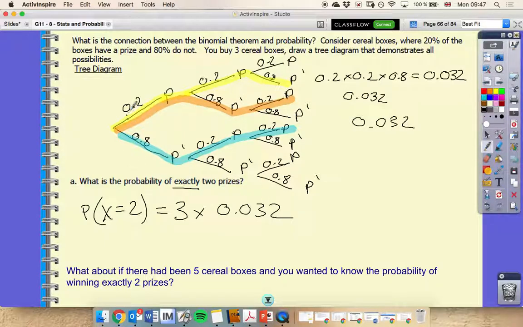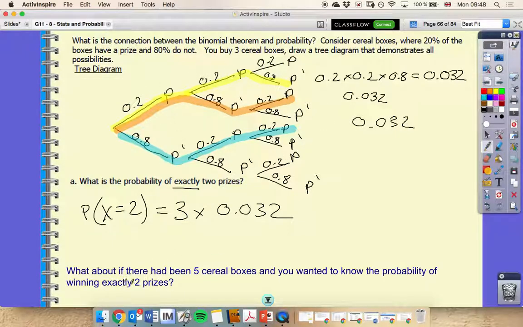Notice when we did this yellow branch, we didn't go, oh, it's 0.2 times 0.2, and I've got my 2 prizes. We still had to include not getting a prize in the third one. Because if we'd just done 0.2 times 0.2, we might have got a third prize, and that isn't exactly 2 prizes. Okay? So there are going to be 5 terms we're multiplying together.